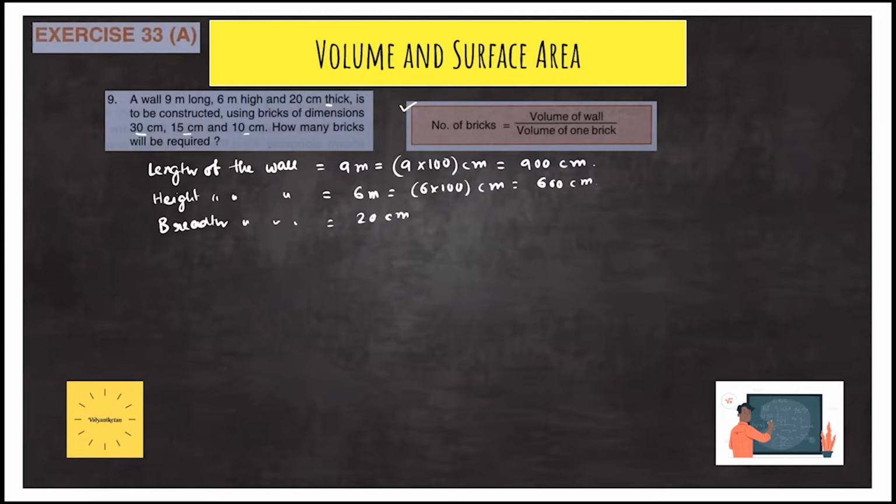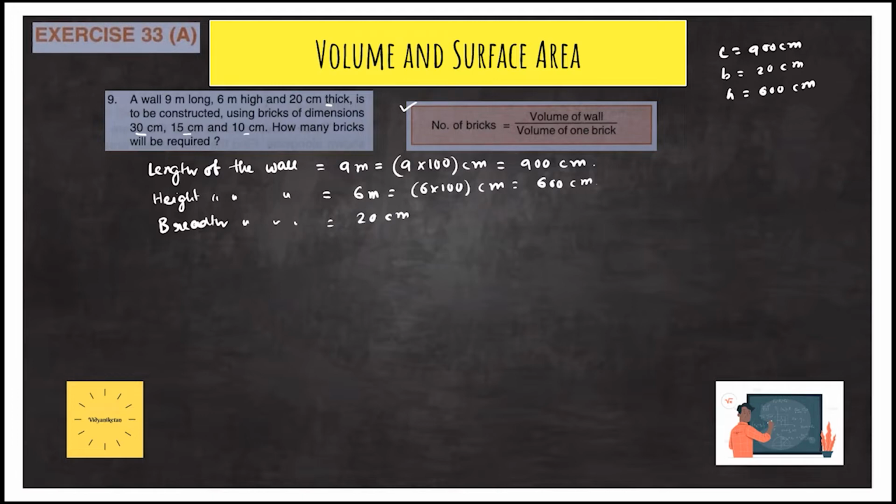So L equals 900 centimeter, B equals 20 centimeter and H equals 600 centimeters. So all the dimensions we have converted into the same unit, that is centimeter.